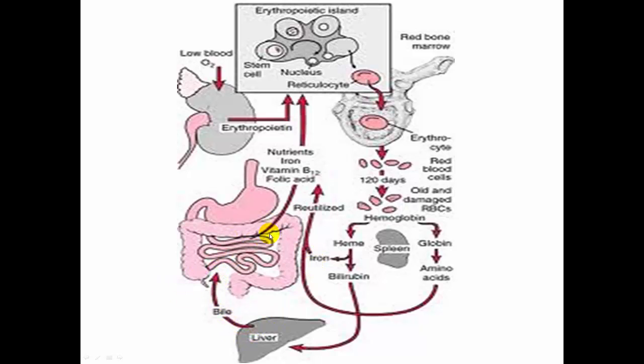So back to the intestines, we see that they're in the small intestine here. We have areas that are important in the absorption of iron, the absorption of vitamin B12, which you've already talked about in Unit 7 in Foundations, and the absorption of folic acid. The liver also plays a role in the usage of folic acid.